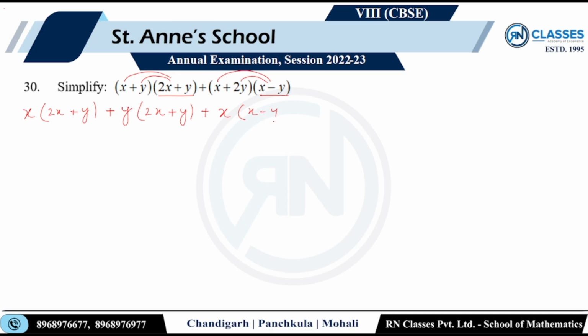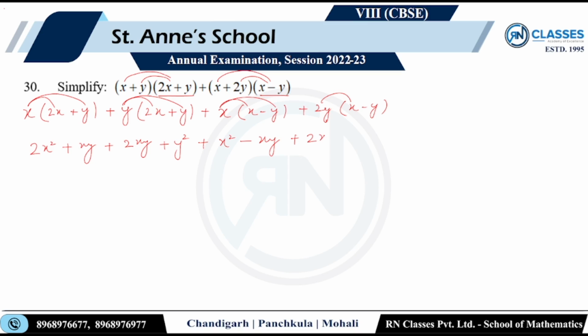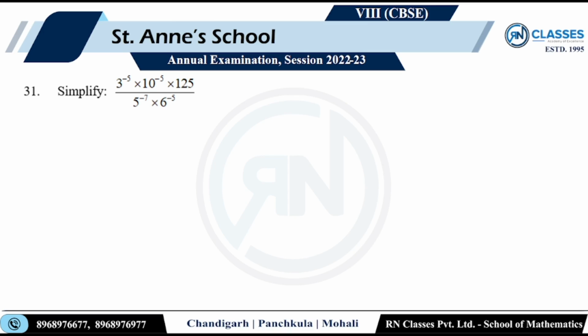So x into x minus y plus 2y into x minus 5y, right. अब फिर से डिस्ट्रीब्यूटिव प्रॉपर्टी लगाएंगे, x को मल्टीप्लाई करेंगे, सो x into 2x is 2x square, x into y is xy, प्लस y को 2x से मल्टीप्लाई किया 2xy, फिर y को y से मल्टीप्लाई किया, दैट कम्स आउट टू y स्क्वायर, x को x से मल्टीप्लाई किया x स्क्वायर, यहां पे माइनस xy, प्लस 2y को x से मल्टीप्लाई किया 2xy, 2y को माइनस 5y से मल्टीप्लाई किया माइनस 10y स्क्वायर। 2x स्क्वायर कहीं और x स्क्वायर है, दैट विल बिकम 3x स्क्वायर। अब xy माइनस xy, ये तो कैंसिल ही हो गया, 2xy plus 2xy that becomes 4xy, प्लस y स्क्वायर माइनस 10y स्क्वायर, सो ये बन जाएगा माइनस 9y स्क्वायर। दैट्स इट, फुल मार्क्स.